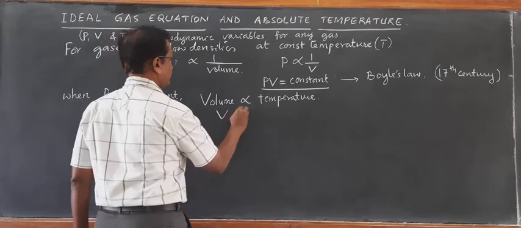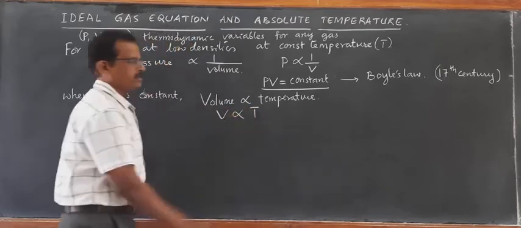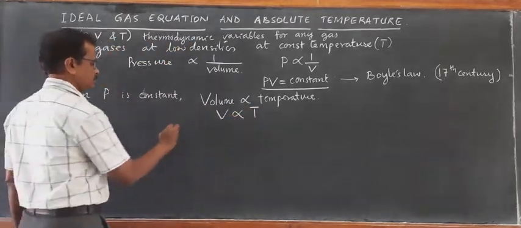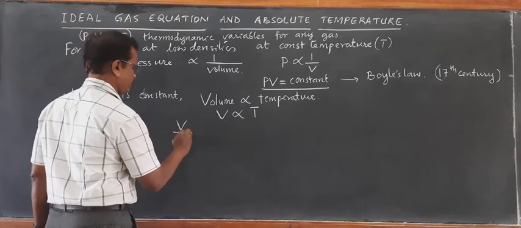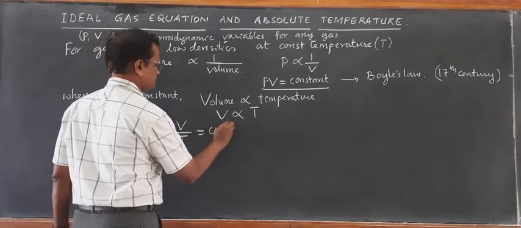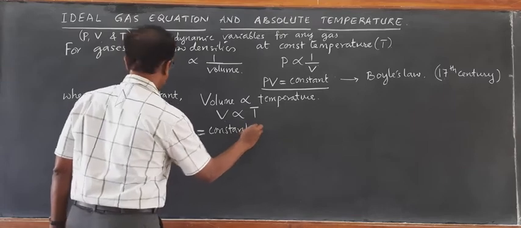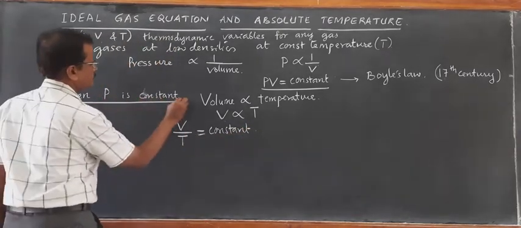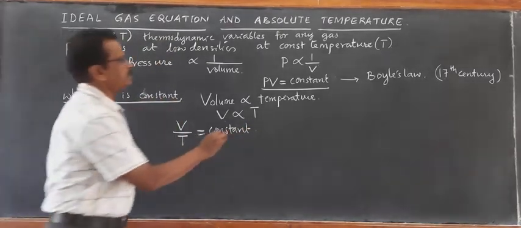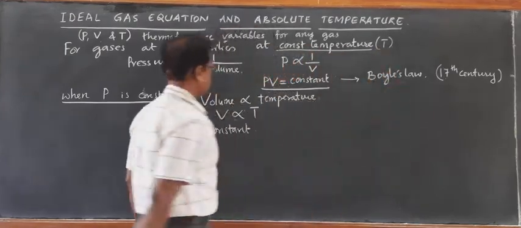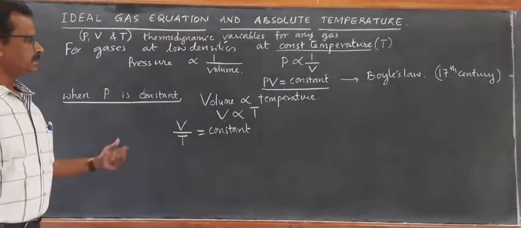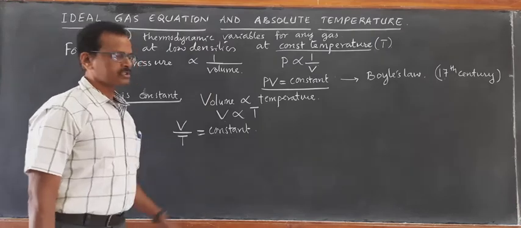Symbolically, the ratio V by T remains constant. This is when P is constant. The earlier one is when temperature is constant. With these conditions, we get these two laws.